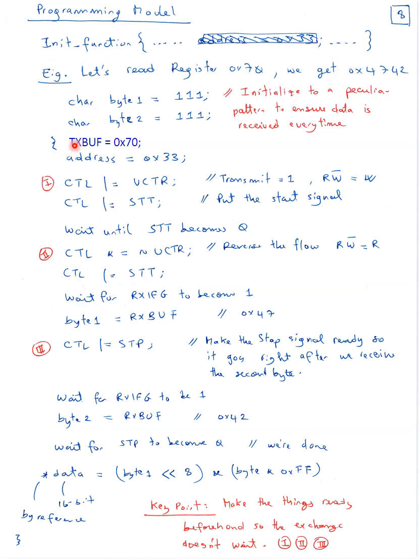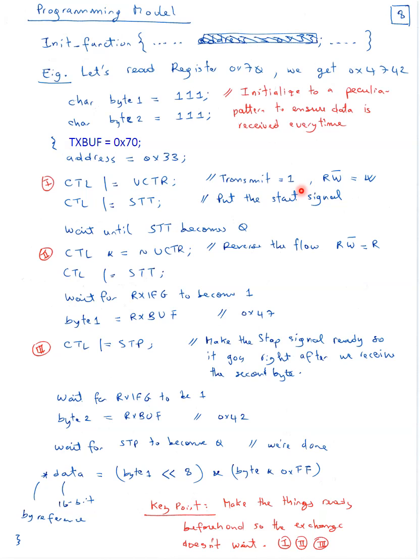Let's initialize some other variables. So we have a variable called address, and we're gonna write there 33. This is the I2C address we will communicate with. We're gonna go to this register called control, CTL, and we're gonna assert this bit called UCTR.